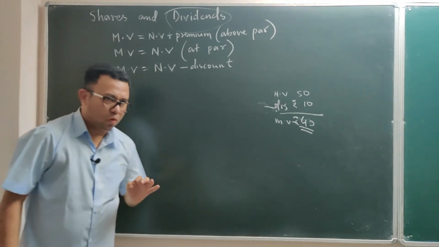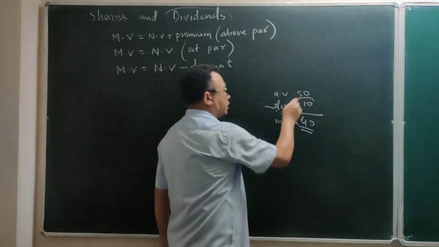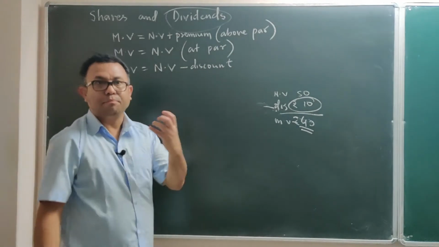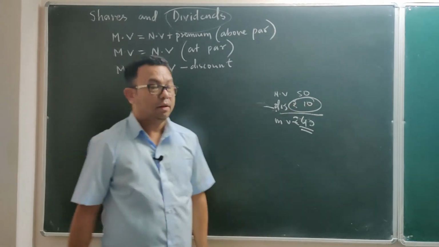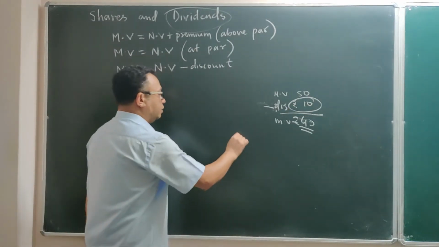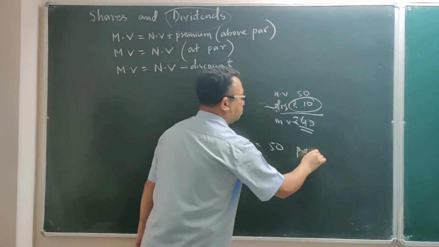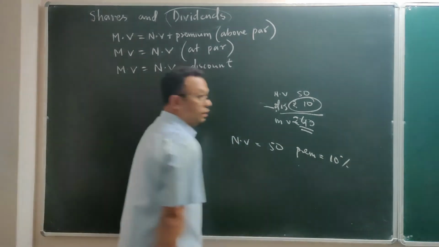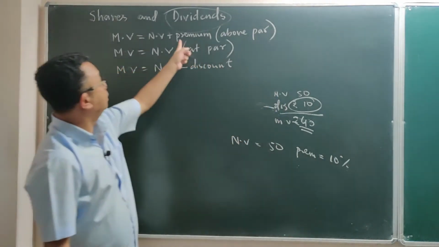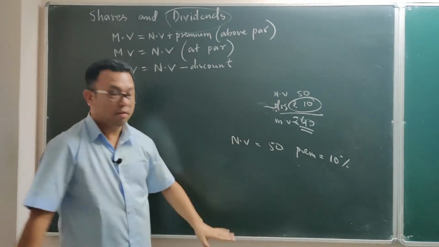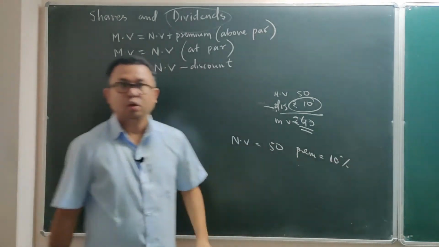But I should also warn you that here I have given you discount and premium in rupees. Sometimes they will say nominal value is 50 rupees, but premium is 10%. Now premium means you have to add, but don't add 50 plus 10, because this is a percentage.